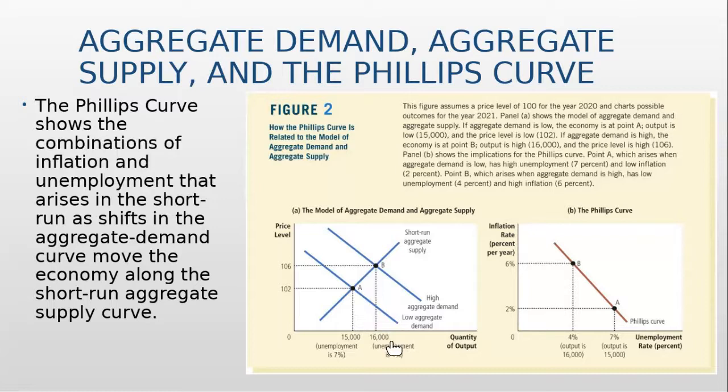Output is now 16,000, unemployment is now 4%, but the correspondence is that we have an increase in the price level to 106 from 102. So the idea here is that reducing unemployment comes at the cost of a higher price level. And that's exactly what we see traced over here at the Phillips curve. The Phillips curve simply tracks these changes in unemployment along with these changes in price level, and it gives us this downward sloping curve.